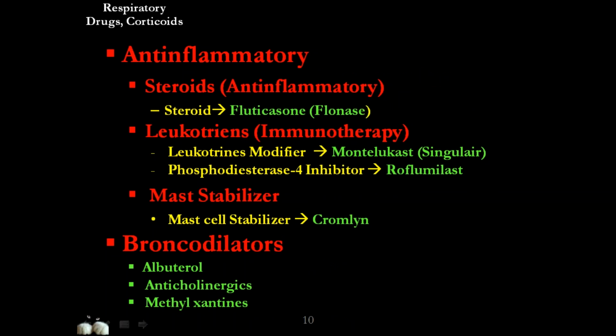Then, for the lower respiratory tract, for example, we have asthma, COPD, emphysema, atelectasis, bronchiectasis, etc., where the respiration, the oxygenation of the body, is going to go down.